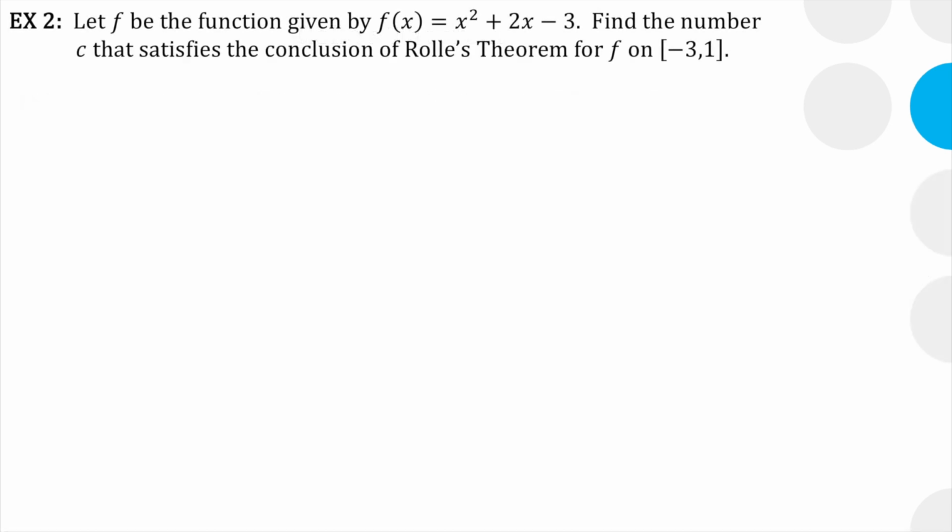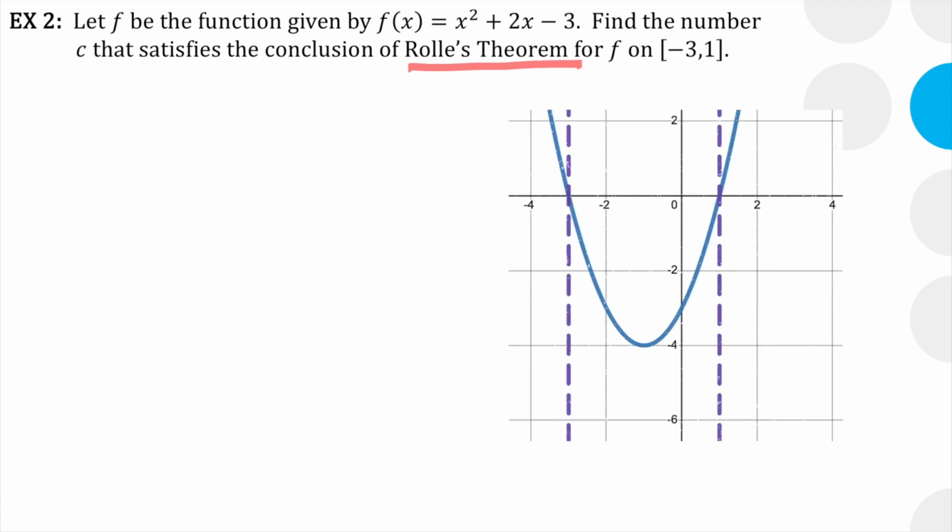So let f be the function given by x squared plus 2x minus 3. Find the number c that satisfies the conclusion of Rolle's theorem on the interval [-3, 1]. So I graphed it for you so you can see where we're going. And basically, we need to figure out where the graph turns around.